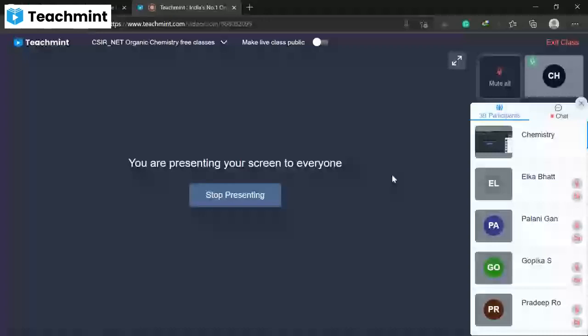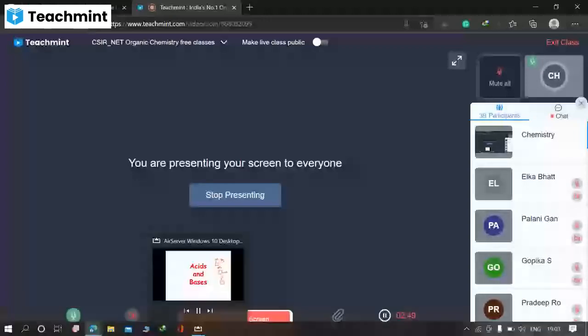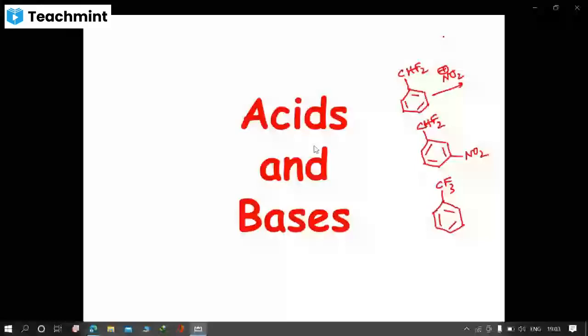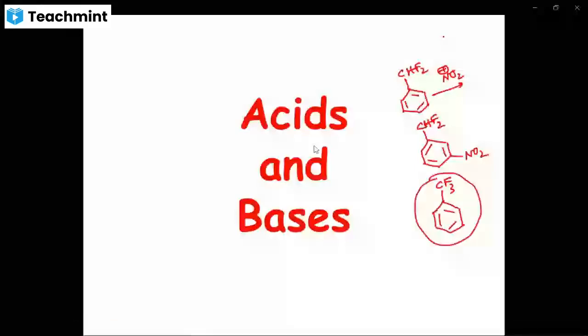So let me simplify this. Let's say you have given this CF3. Then what will be the position of electrophilic substitution? Yeah, sorry, the board is not visible. So tell me, for this compound, what should be the position of electrophilic substitution?